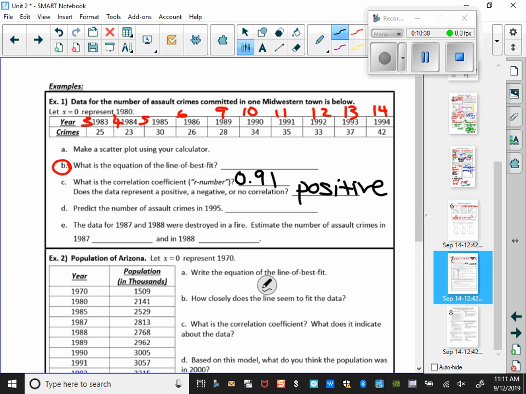So what's my equation for the line of best fit? Think about y equals ax plus b. What was our a again to 2 decimal places? 1.37. Can just one person say it? And what was our b to 2 decimal places?